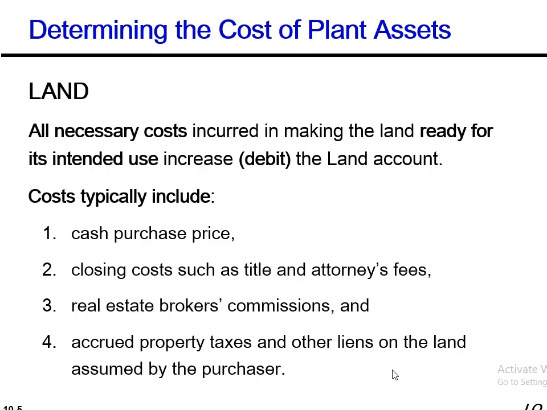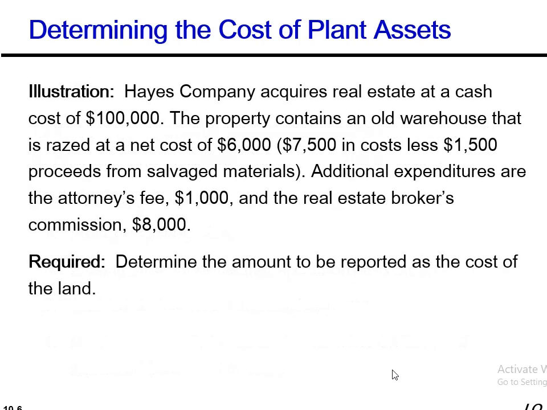So the bank still has a lien on this land for the amount of those two installments. If you agree that you will be paying these installments, then you have to add it into the cost of the land. But if the seller has to clear all these costs, then it's not your cost. So these are the basic costs which are added into the land account, and together they make up the cost for the land. Let's take an example for this.